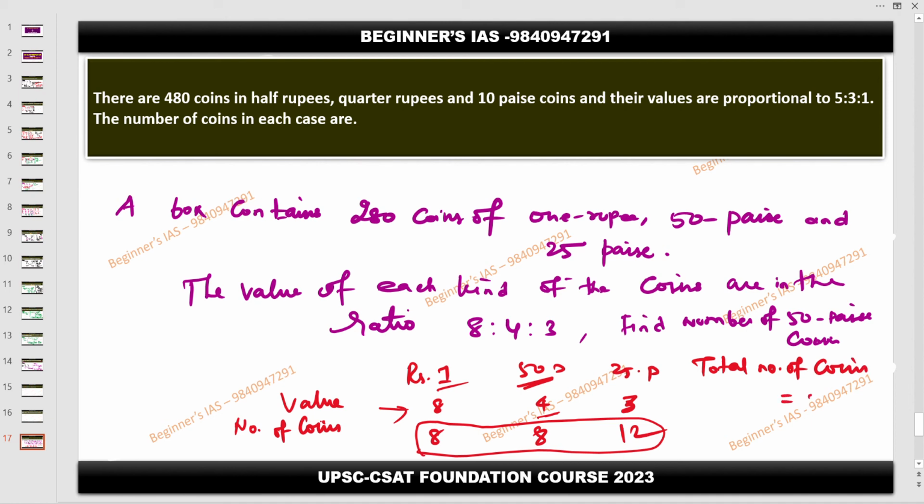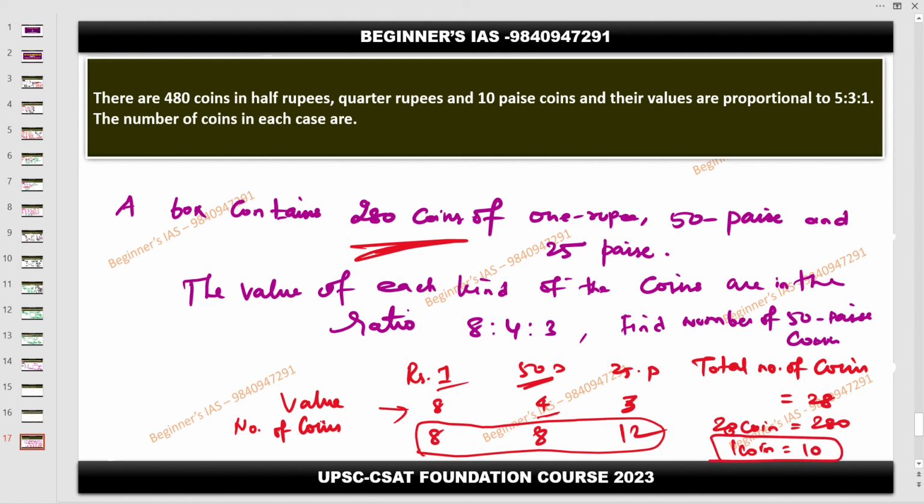Total number of coins is equal to 28. So this 28 coins is equal to how much amount? The box contains 280. Then what is one coin? One coin is equal to 10.